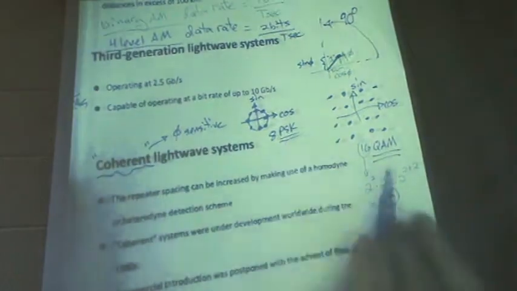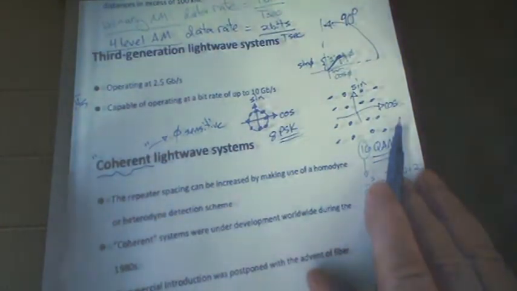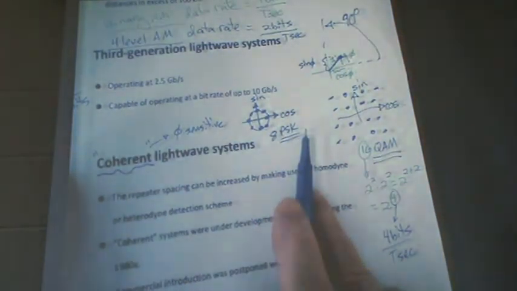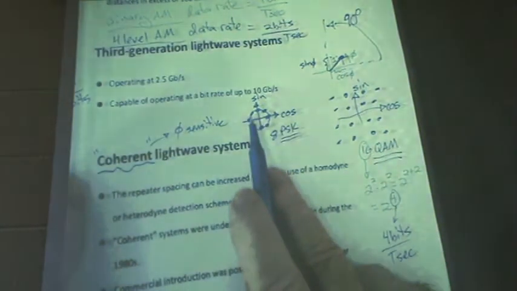But in PSK and QAM, I have to be able to tell the difference between sine and cosine in QAM. So that's a phase shift. I'm phase sensitive. Those are called coherent. Right? PSK, obviously, I'm phase sensitive. That's what's telling me my information. PSK, the amplitude never changes.